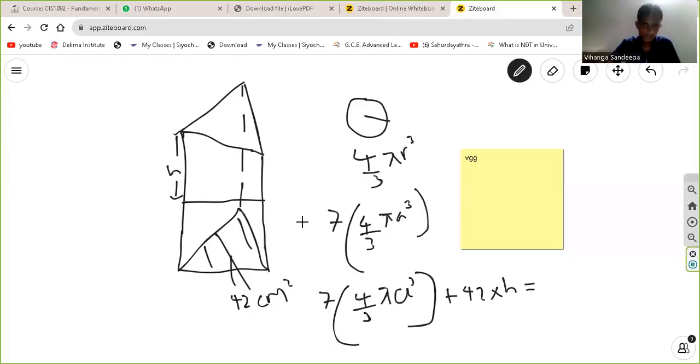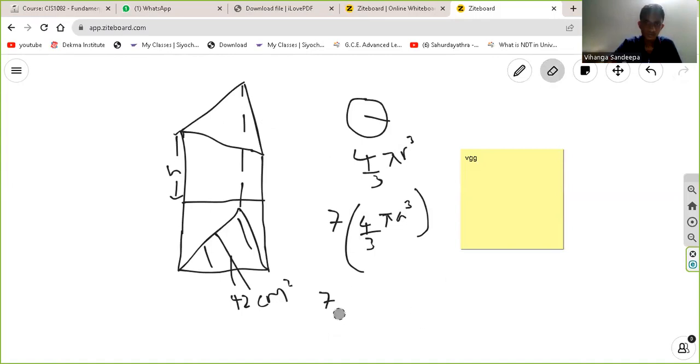So students, here we have to write the equation to solve this problem. We have to use some algebraic symbols. I denote this length as x. So read the question carefully.